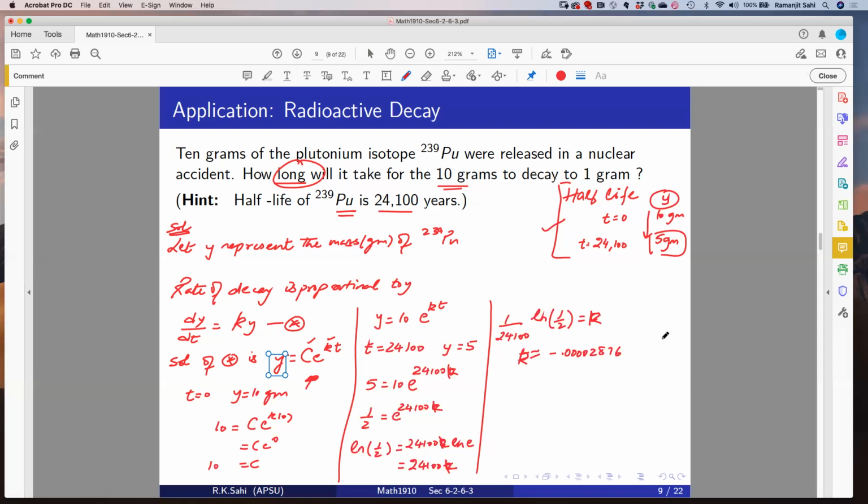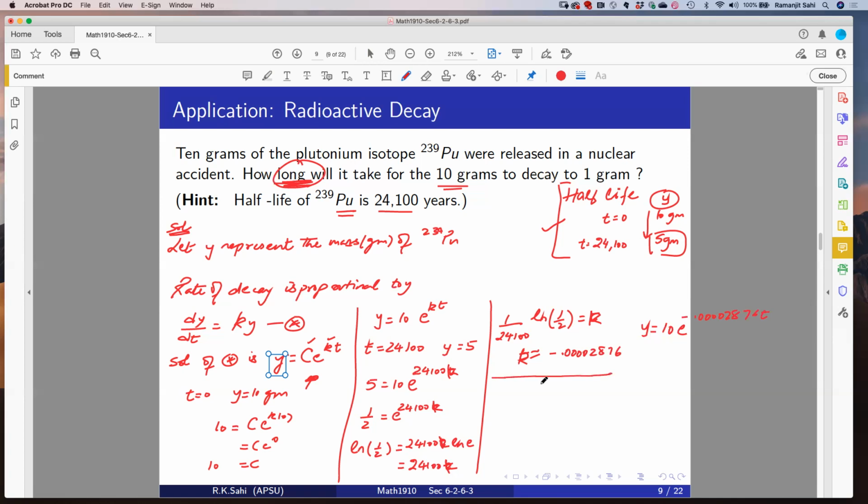Now our solution is y equals 10 e to the power negative 0.402876t. The question is, how long will it take? Now we have all our constants filled in. What we want to know is the time it takes for 10 grams to go to 1 gram.